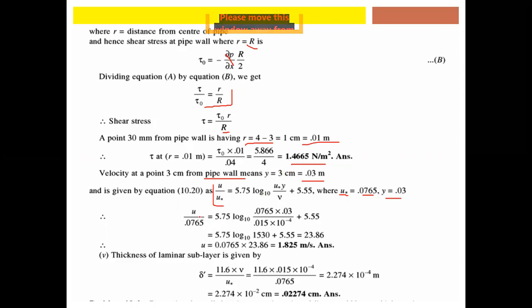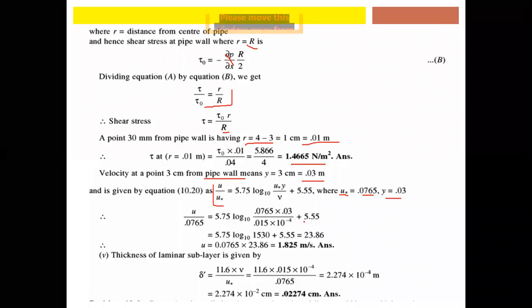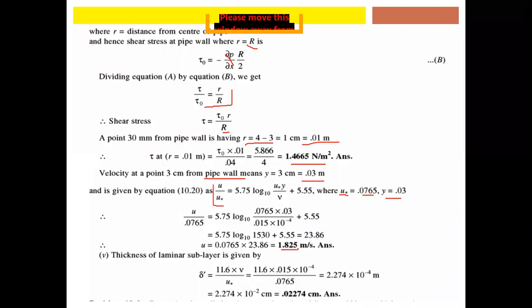Substitute the u star value, y value, v value, plus 5.55. Upon simplifying, you will get this value. Then 0.0765 into 23.86, that is 1.825. Therefore, u is equal to 1.825.